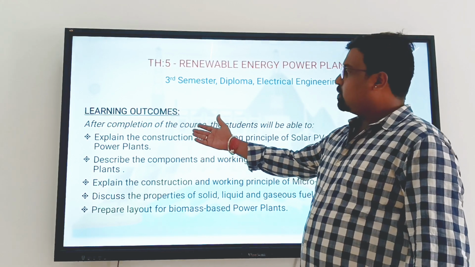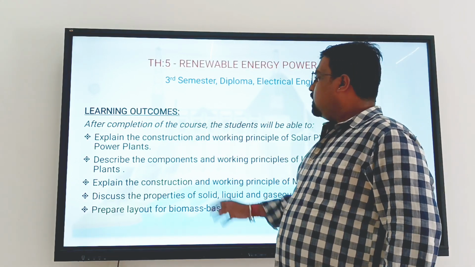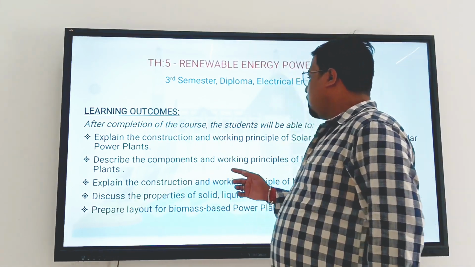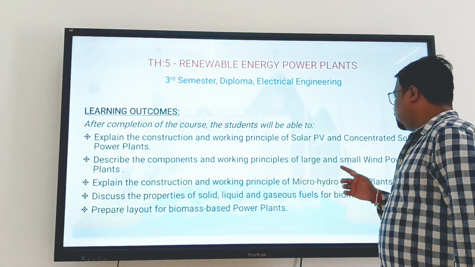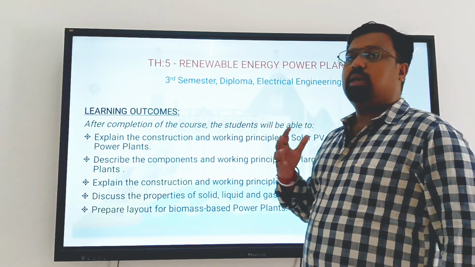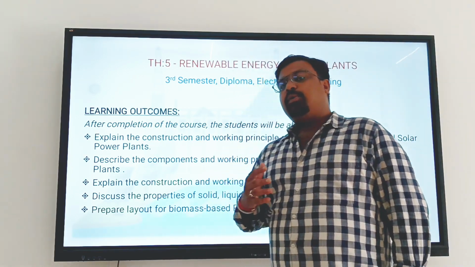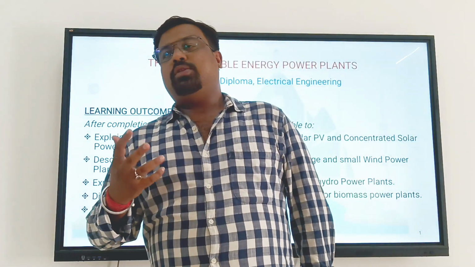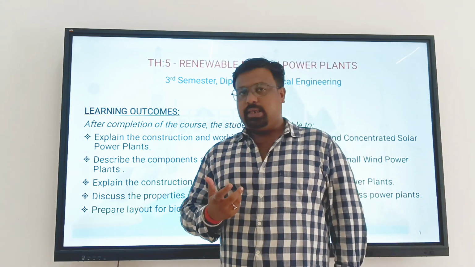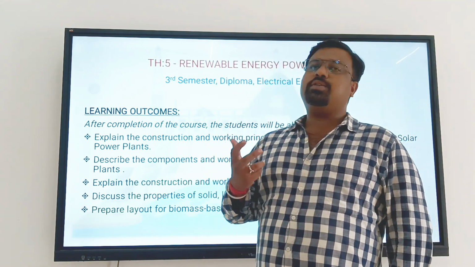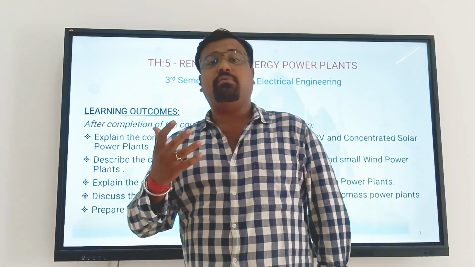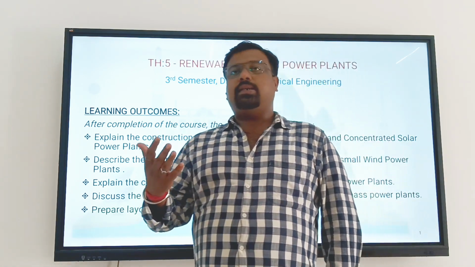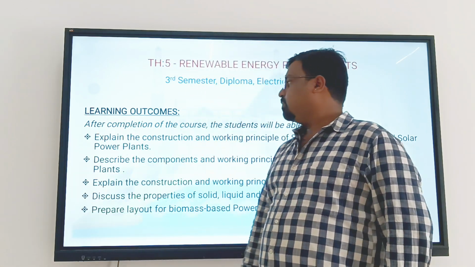The first learning outcome: after completion of the course, the students will be able to explain the construction and working principle of solar PV and concentrated solar power plants. By the end of the first unit, the students can get some idea about how solar photovoltaic systems work and how they are integrated with the power plants.